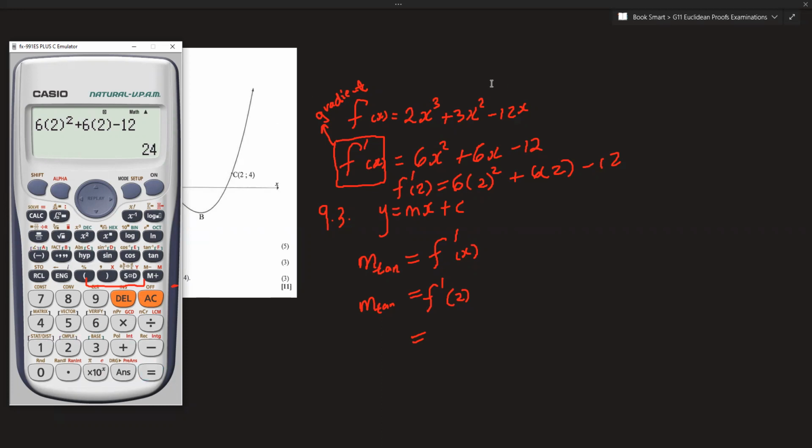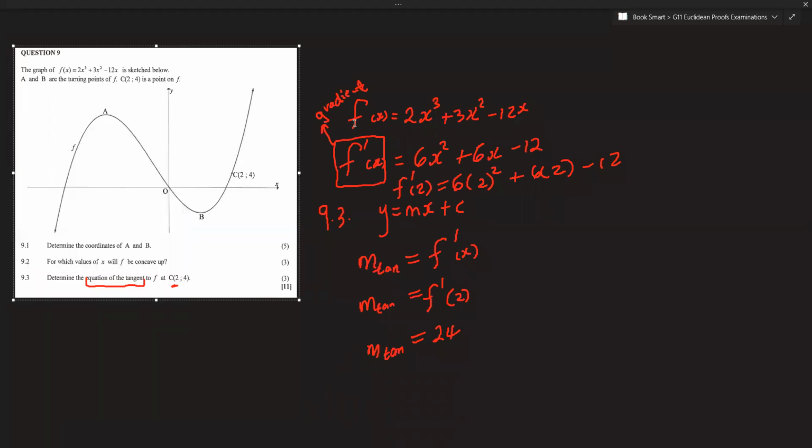So I can easily see that f prime at 2 is 24, which is the gradient of the tangent. Awesome. So the gradient of the tangent is this. So now I can happily go to my equation and solve it. So I have y equals, the m is 24. So 24x plus c, right?